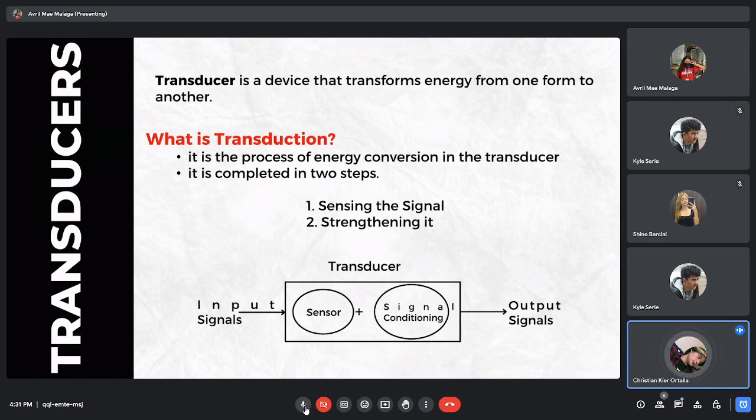The sensor converts the physical quantity into electrical form, and then we add signal conditioning so that the signal sent onward gives a better output for the instrumentation we use. So that's it. Next slide please.